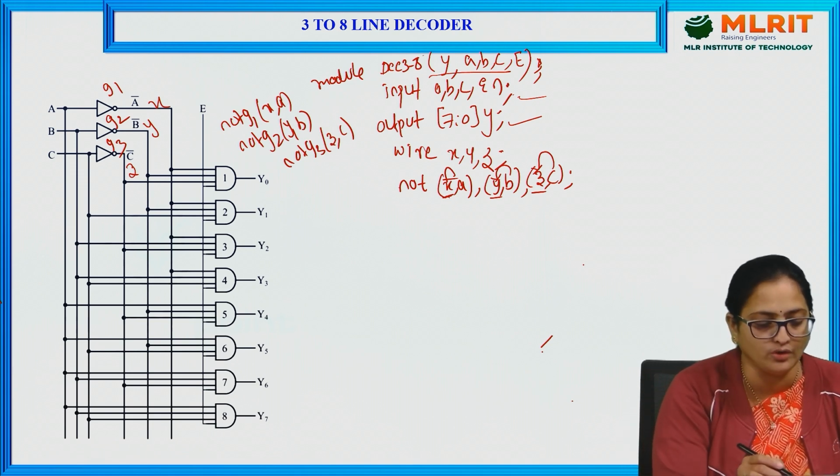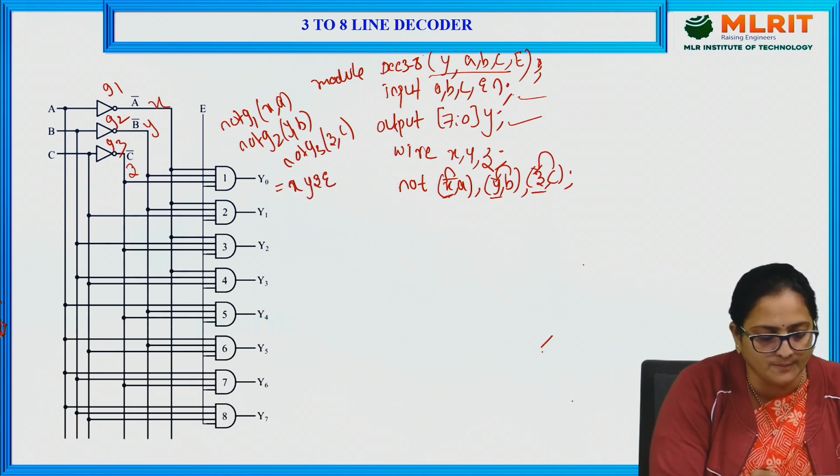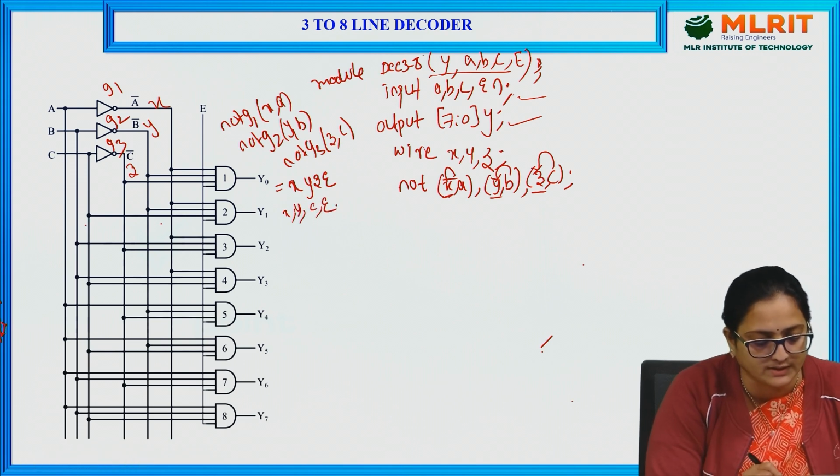Here for Y0, you need to write it as X, Y, Z, enable, and for Y1, if you can see, X is connected, Y is connected, and for Z, C is connected, enable is connected.